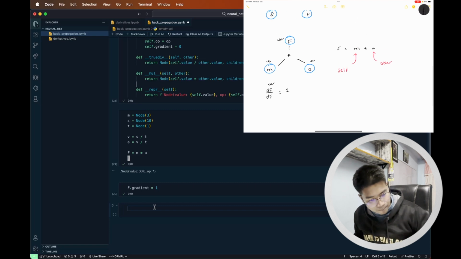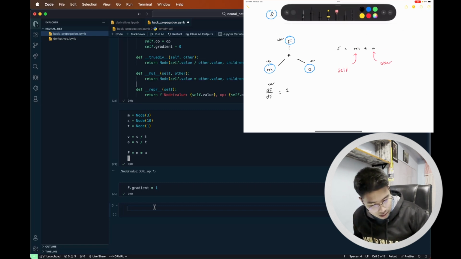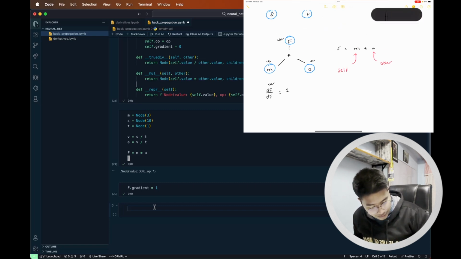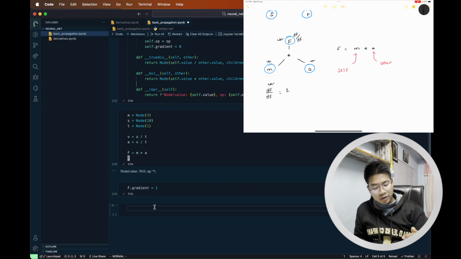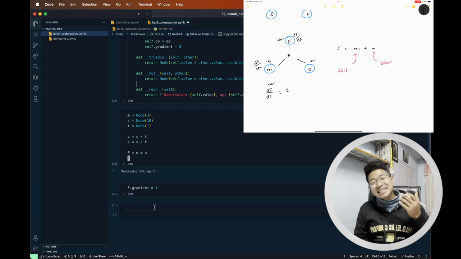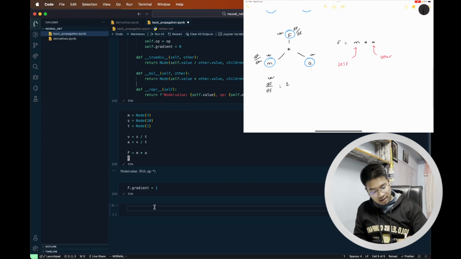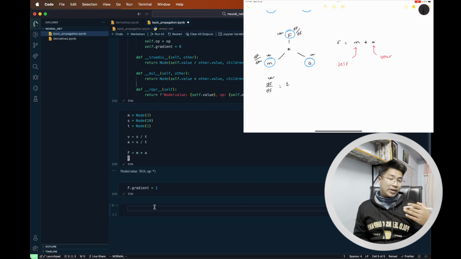I calculated df by df. The next immediate step for me would be to calculate df by dm, because that's easy, and m really does not depend upon anything lower than that, so I can compute that.